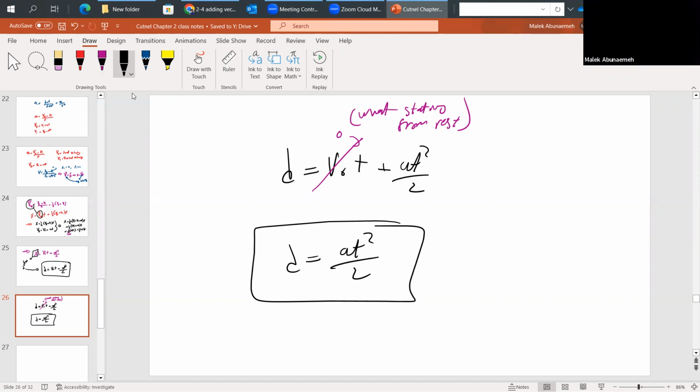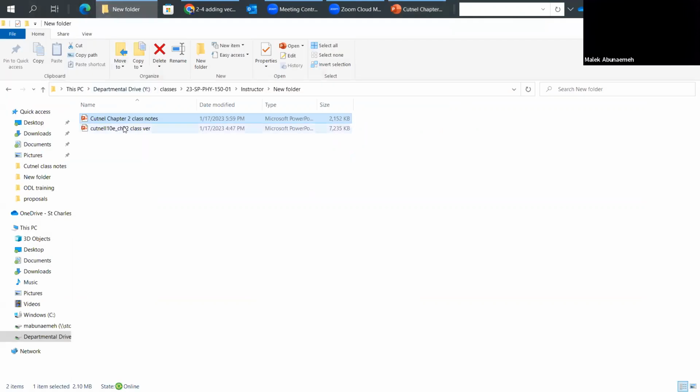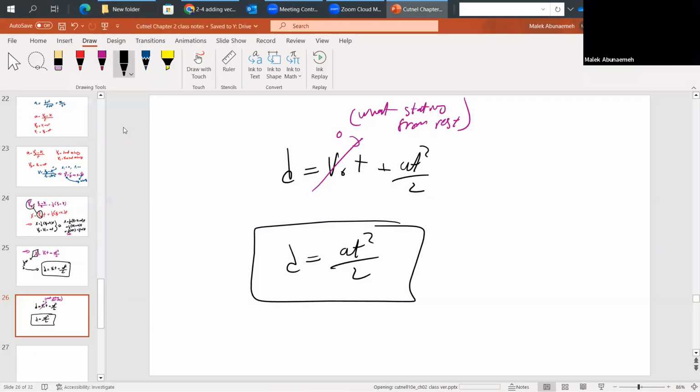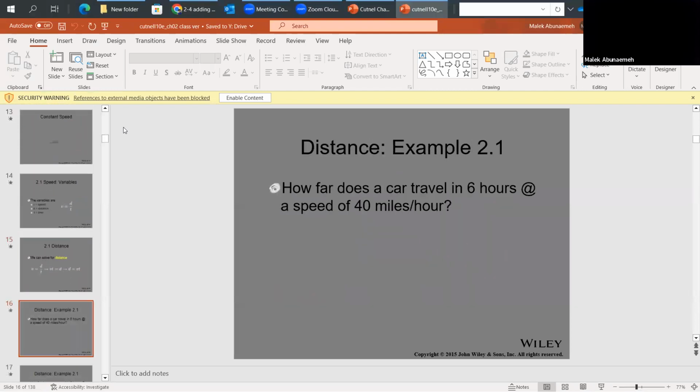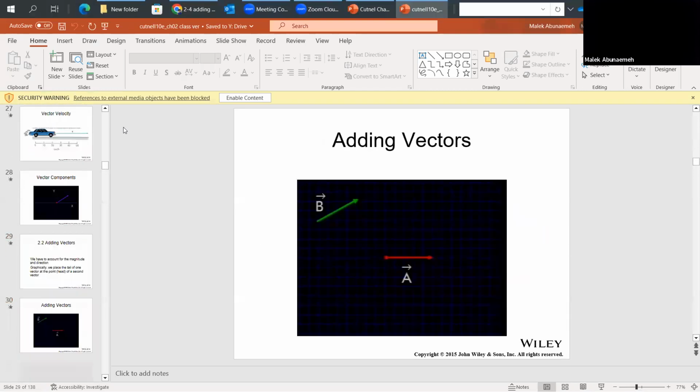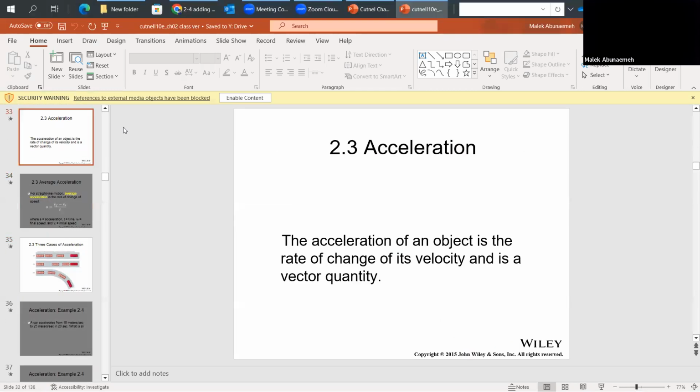And that brings us to the acceleration that we've been talking about. The acceleration of an object is the rate of change in its velocity, and it's a vector quantity.